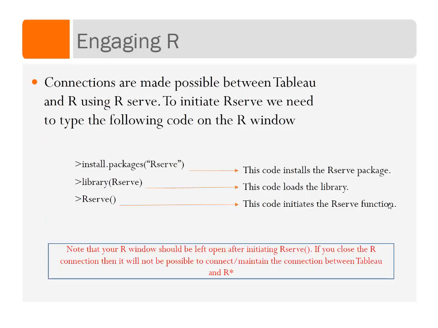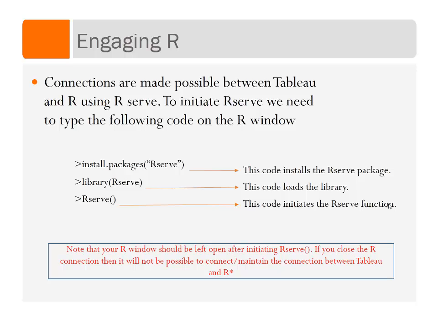Now, engaging R. Connections to R from Tableau are made possible using what's called Rserve. So to initiate Rserve, we need to type the following code in the R window. So we install a package called Rserve. That basically will create this Rserve package on your machine within the R library.